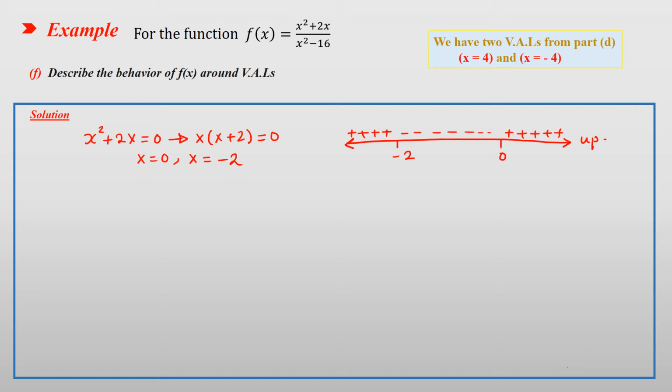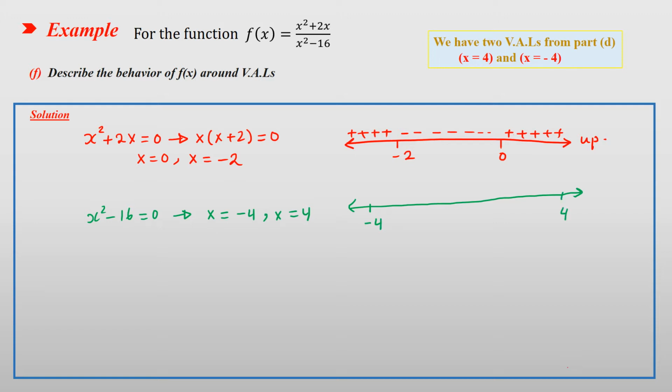This is the sign of the numerator, and in the denominator we have the function x squared minus 16. So we have the roots x equals negative 4 and x equals 4. Negative 4 is to the left of negative 2 and 4 is to the right of 0.